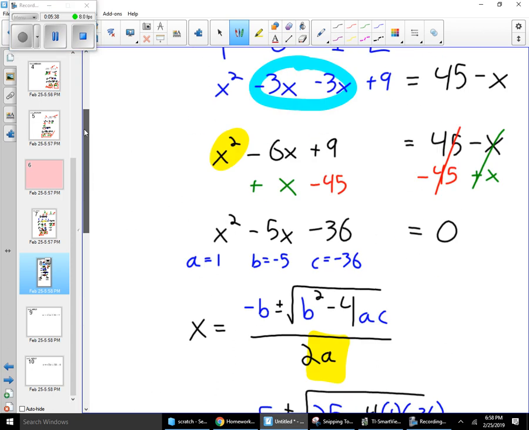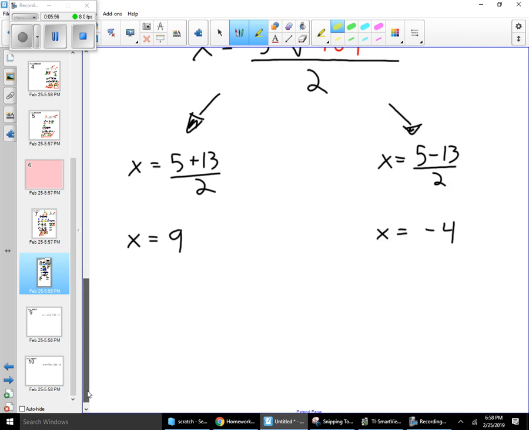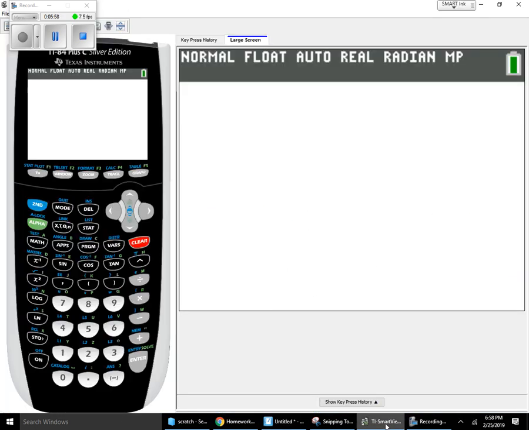Keep in mind when I substitute them in, I'm not expecting to get back x, but rather I'm expecting to get back x minus 3. So if I substitute in the 9, I'm expecting to get back a 6. When I substitute in the negative 4, I'm expecting to get back a negative 7. So let's go ahead and do that. We'll start with the 9.